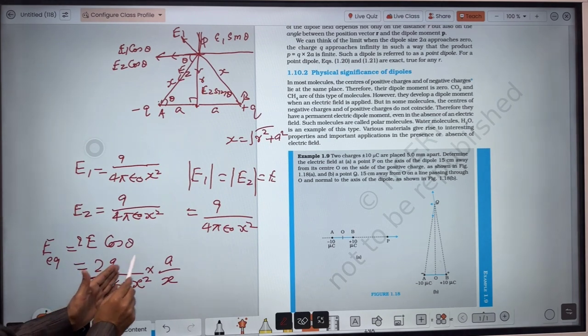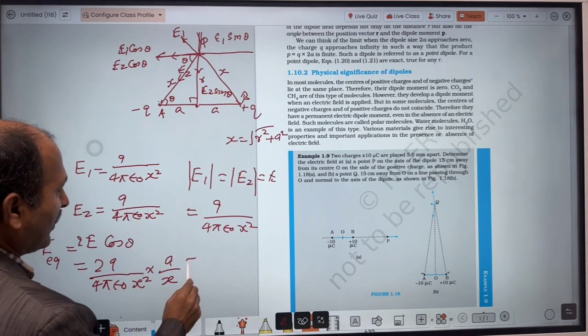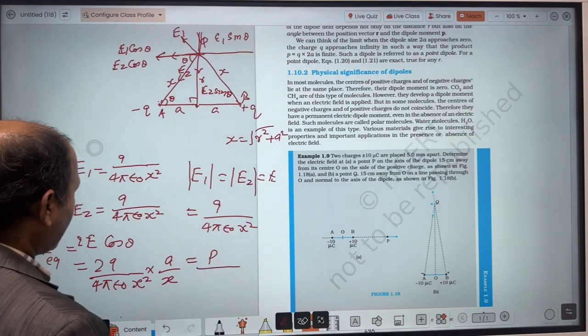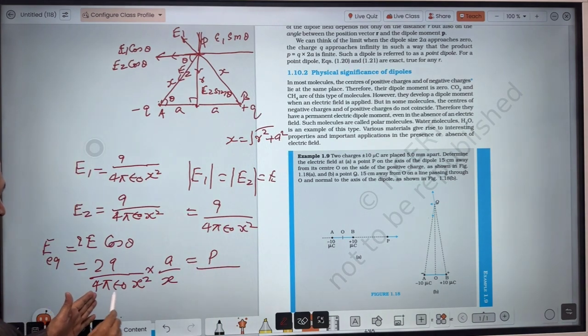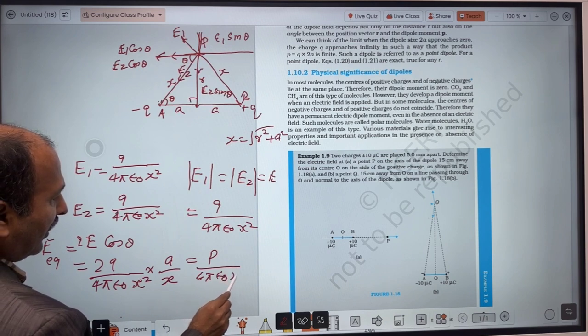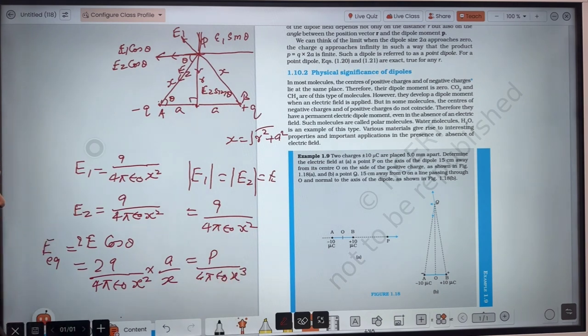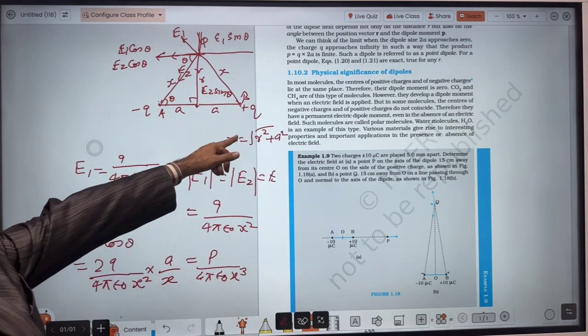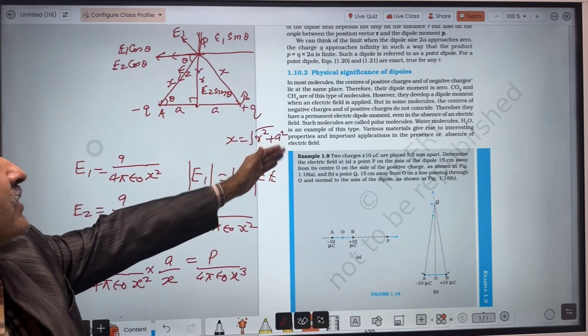But you know 2qa is the dipole moment, which can be written as P. So this becomes P divided by 4 pi epsilon naught x cube, where x square is r square plus a square.